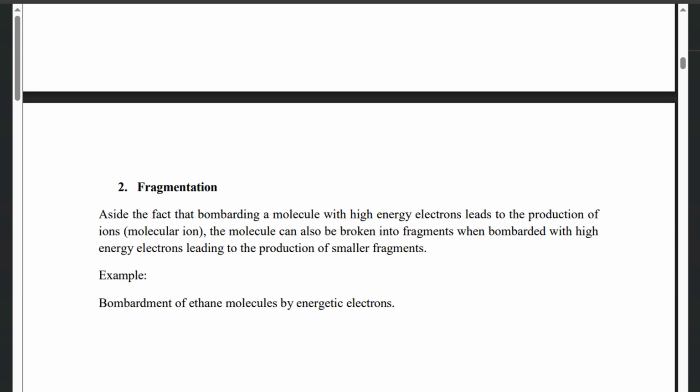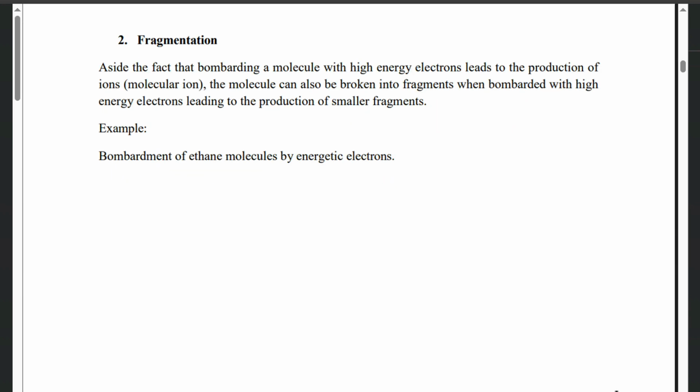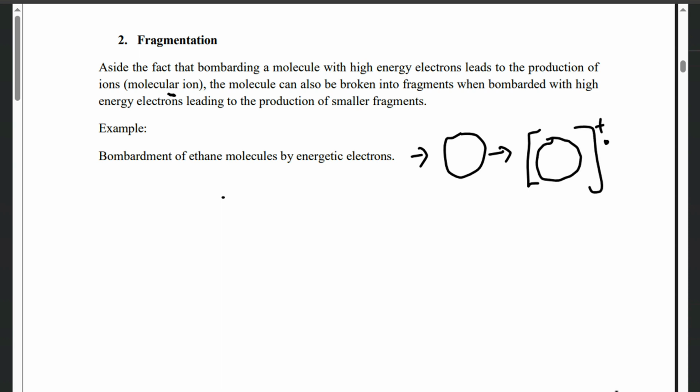So the next thing is fragmentation. Aside from the fact that bombarding a molecule with high energy electrons leads to the production of the molecular ion, the molecule can also be broken down into fragments. We've said that if we have a box and you shoot it with a gun, the first thing that happens is ionization, so the same mass becomes a radical cation.